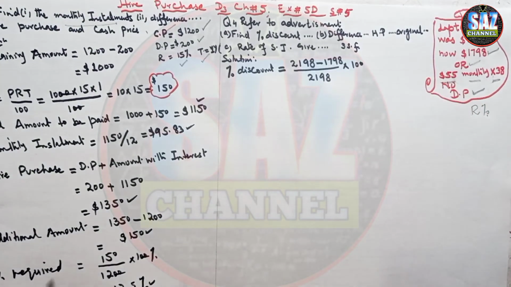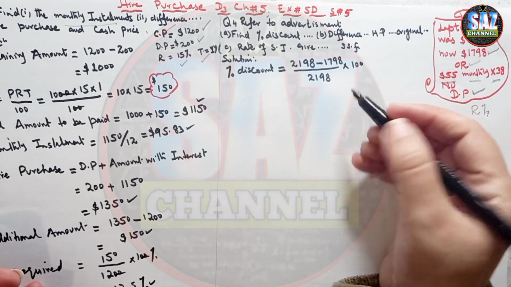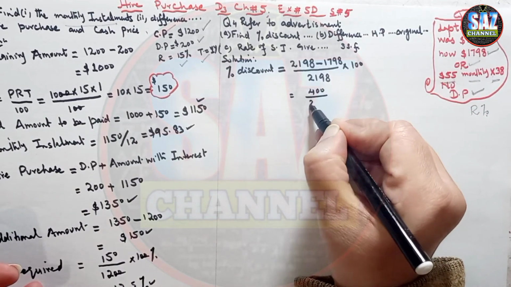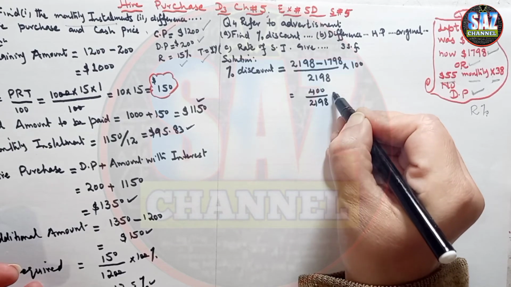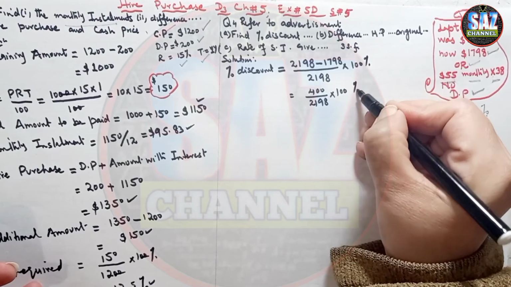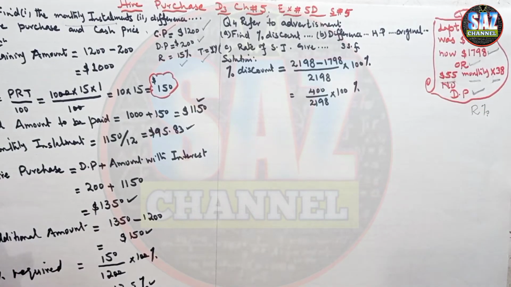Let me find the difference: 2198 minus 1798 gives me 400. So 400 upon 2198 multiplied by 100%.